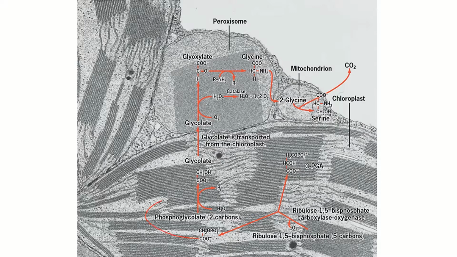Pass through chemical reactions, be converted into glycine, and eventually processed in the mitochondrion and expelled from the plant as carbon dioxide, a waste product. So this process is known as photorespiration, because it releases carbon dioxide in the same manner as cellular respiration does.